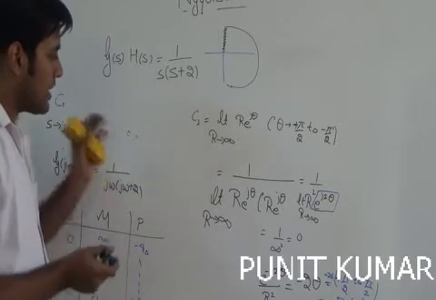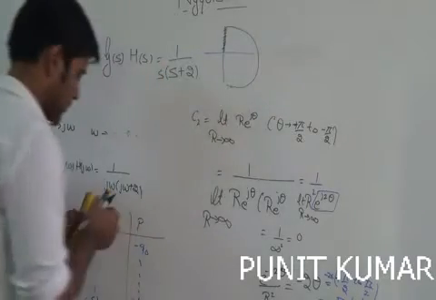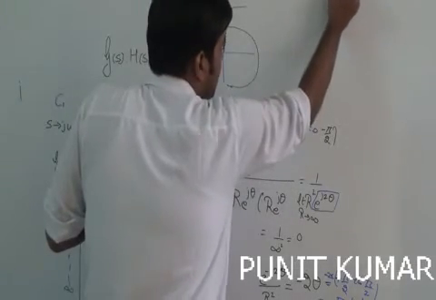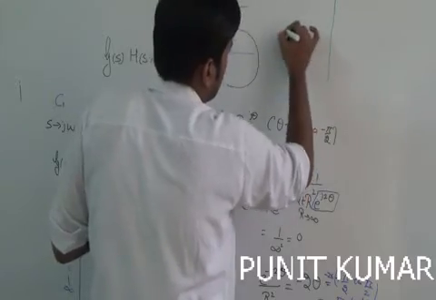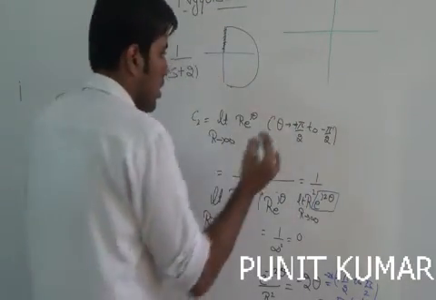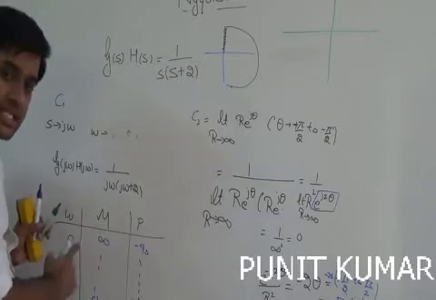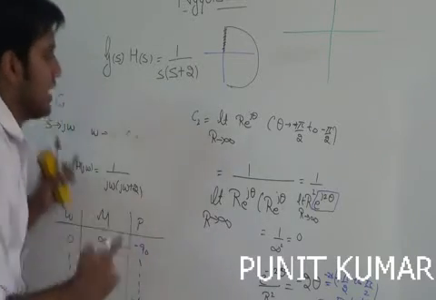So I am going to erase this, but before erasing it, let us draw its plot. This is my GH plane. At omega 0, magnitude is infinity and phase is minus 90.